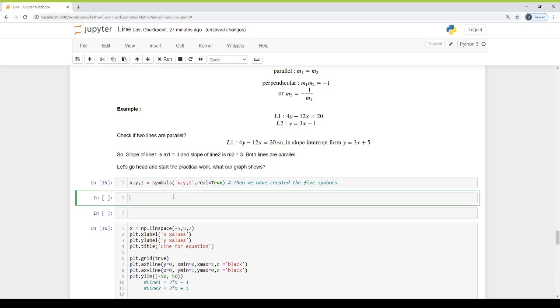Let's check it practically. Define the function line 1, pass the value of x and it will return us the value of y: return 3 into x minus 1.